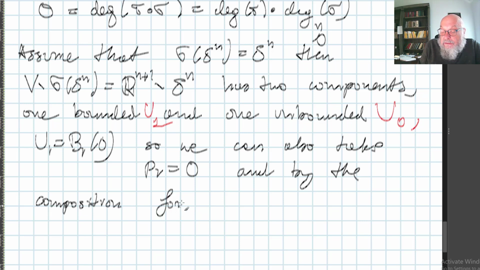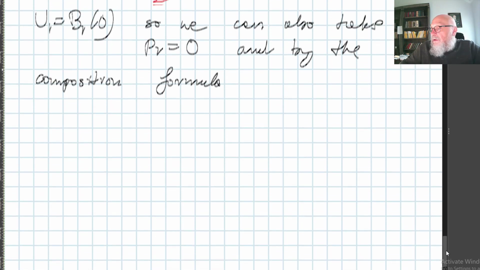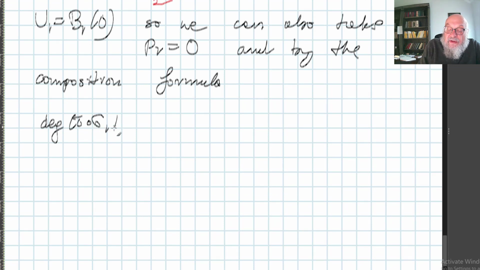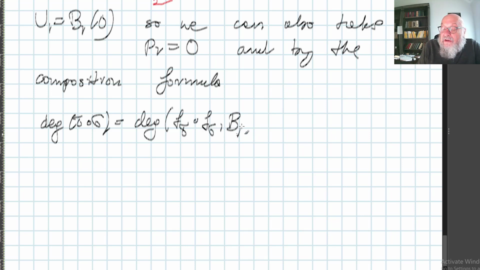we obtain that the degree of tau composed with sigma is equal to the degree of f tau composed with f sigma, and this one is equal to b1 0 times the degree. There is only one component, so there is no summation.